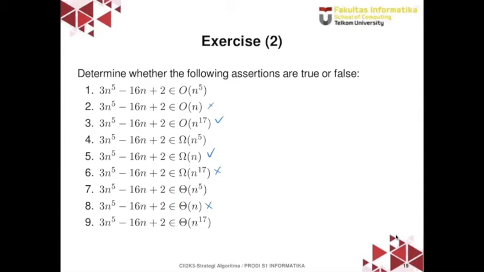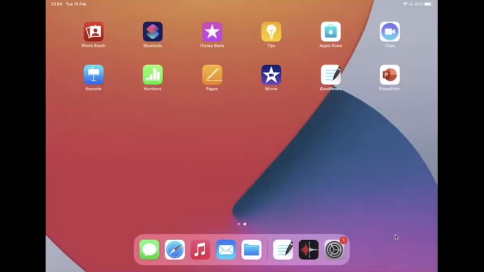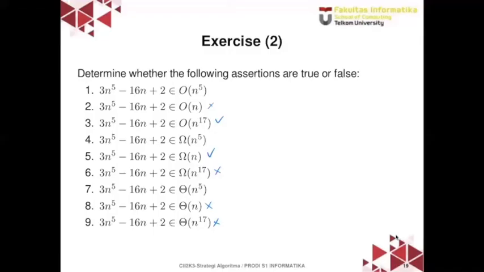And because it is not in big omega n to the 17, it should be false as well. But okay, sorry, here we are more interested in number 1, 4, and 7.